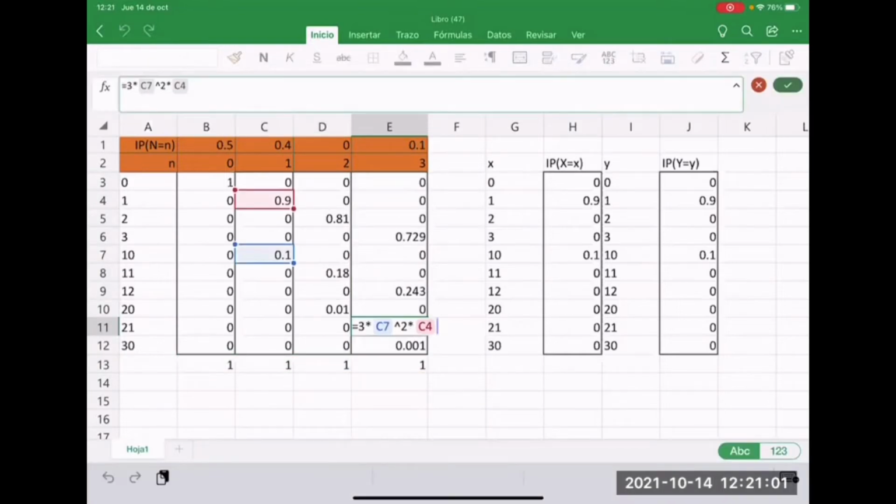So I put a binomial coefficient of 3, right? Because there are 3 ways of obtaining a 21. That is obtaining 2 tens at first and then a 1. The second possibility is to obtain 1 10, then 1 1, and then another 10.